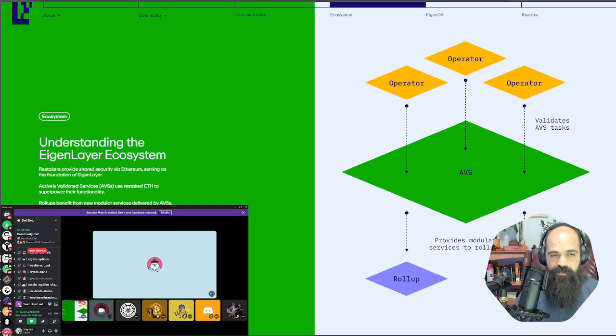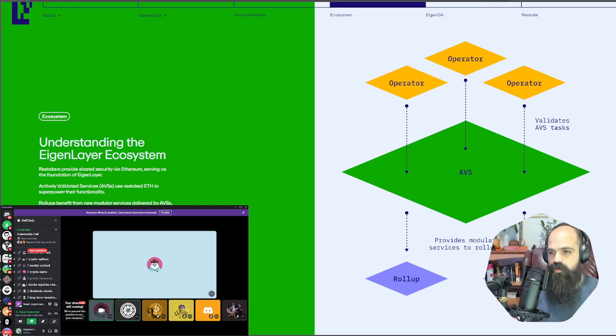So you're saying, I'm going to run the AVS client, and if I do something wrong, you can slash my capital. Here's my capital. You can imagine it's like a handshake agreement with 10 different AVSs. And now you're restaked into 10 AVSs, but you never really put your capital into that AVS. You just agreed to follow their rules.